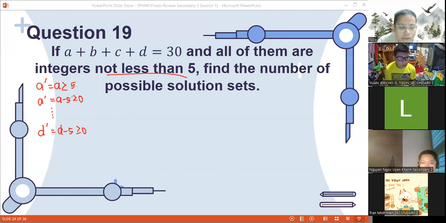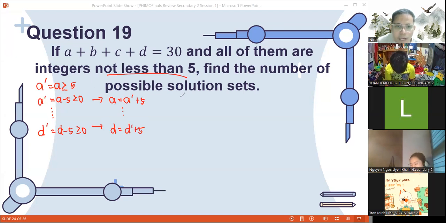If you solve for A only, this will become A is equal to A prime plus 5, and so on and so forth. D is equal to D prime plus 5. The value for A is always A prime plus 5, right?